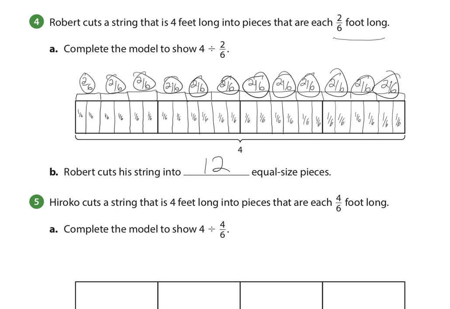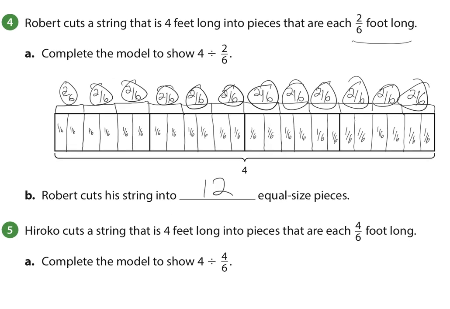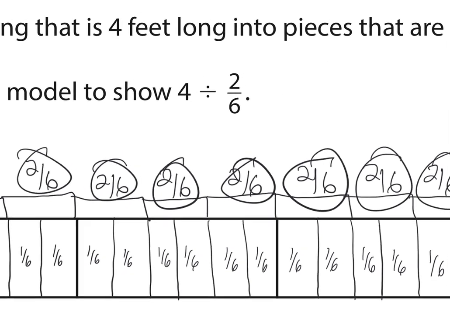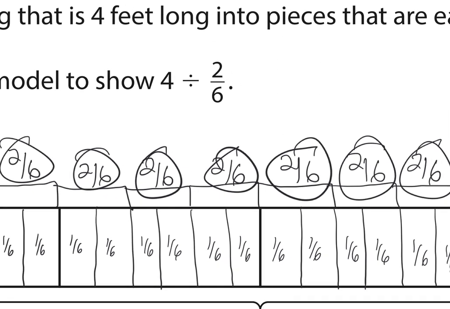Now, let's make sure I did this correct. Let's just say that I'm not so good at doing these models. Come back to the original problem that says 4 divided by 2/6. Then I want you to keep the 4, change the division symbol, and write the reciprocal or flip, as you learned last week, the 2/6.